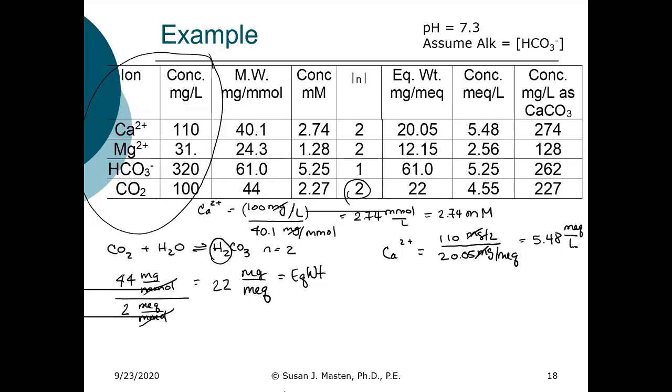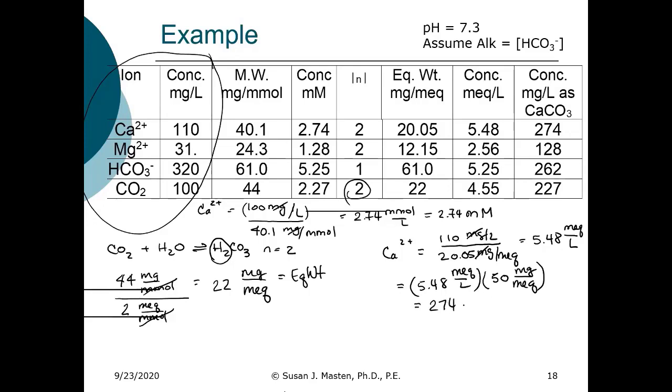Now we typically use milligrams per liter as calcium carbonate. So we multiply the concentration in milliequivalents per liter by 50, right? So 50 milligrams per milliequivalent, and that equals 274 milligrams per liter as calcium carbonate.